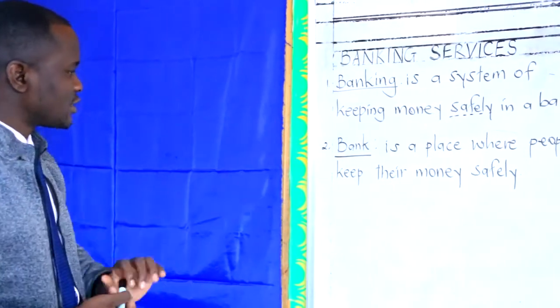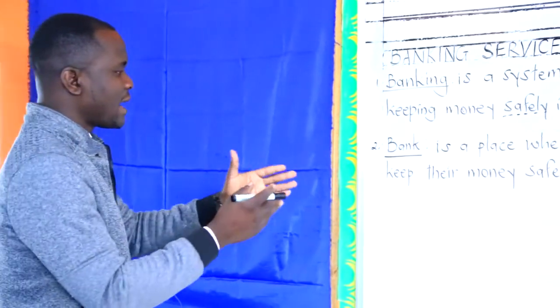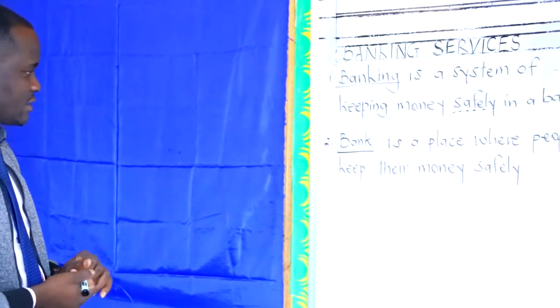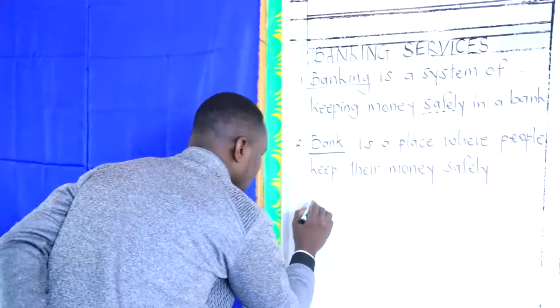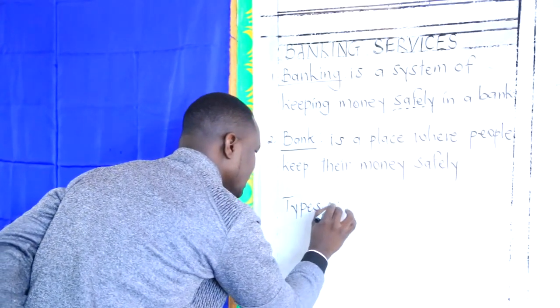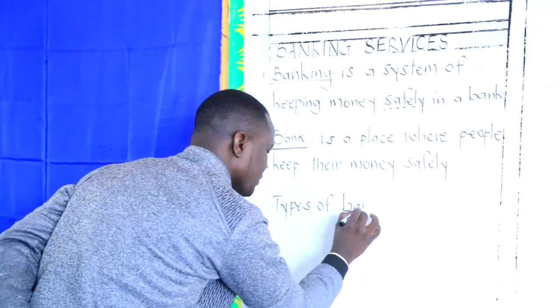Now, having understood that, we are going to look at the banks that we have in our district. We have very many banks and very many types of banks. Let's have our subheading, types of banks.